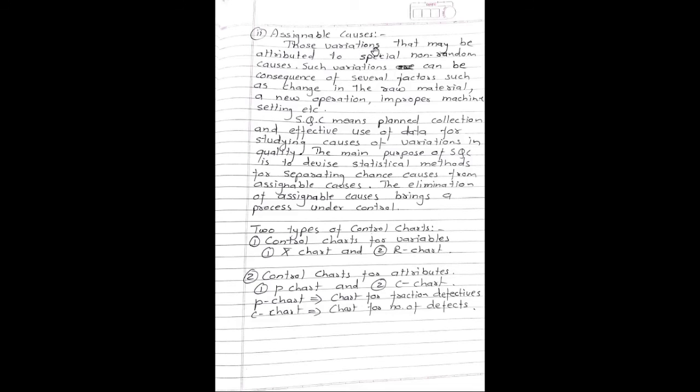Assignable causes: those variations that may be attributed to special non-random causes. Such variations can be a consequence of several factors such as change in the raw material, a new operation, improper machine settings, etc. Statistical quality control means planned collection and effective use of data for studying causes of variation in quality.